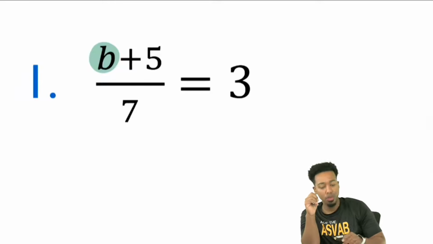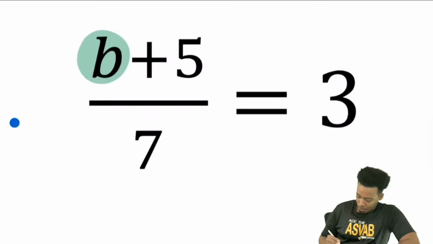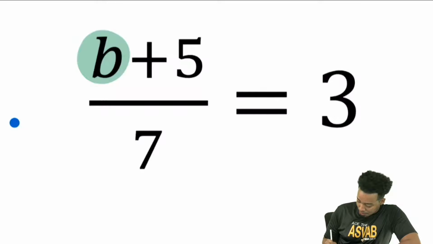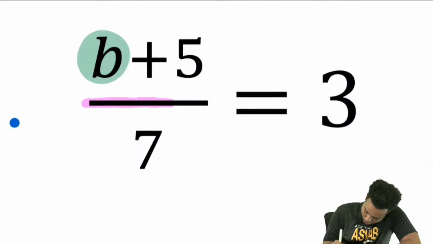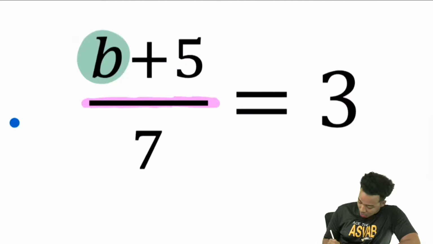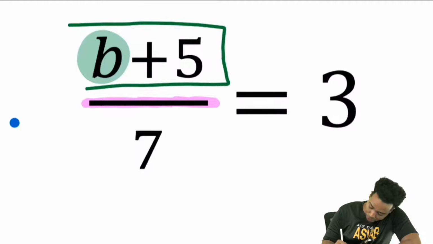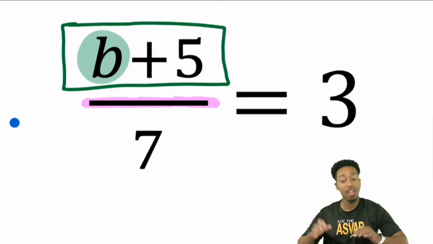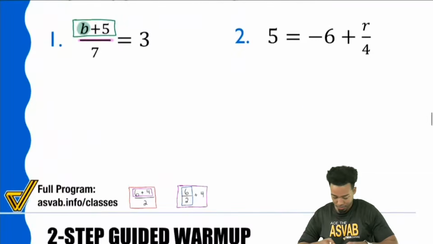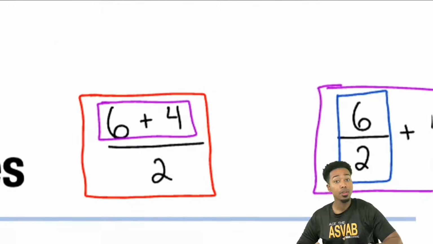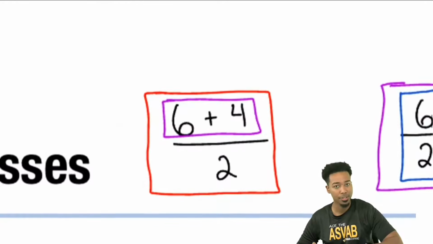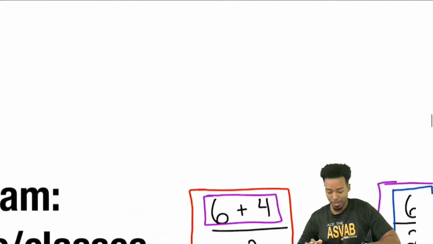But when you think about fractions, this fraction line means that all of this up top is done first, and then whatever that is. Just like we saw down here, we did the 6 and the 4 together first because they were up top together. Then we divided by 2.